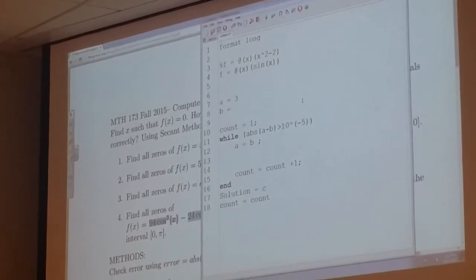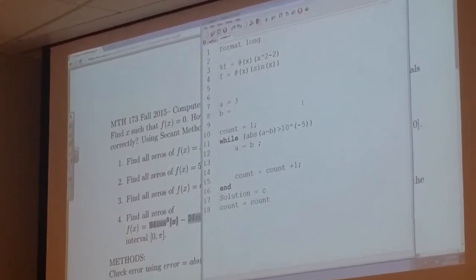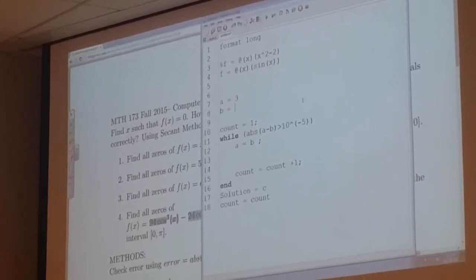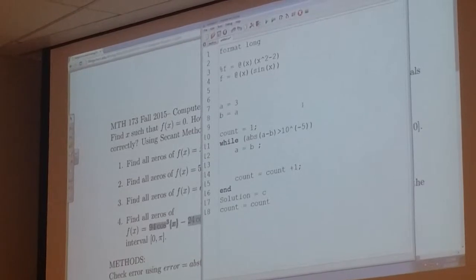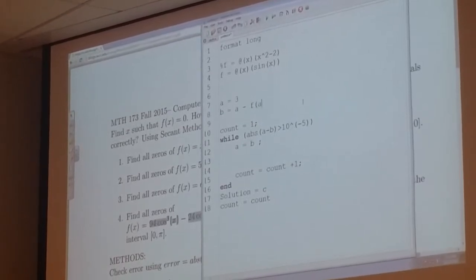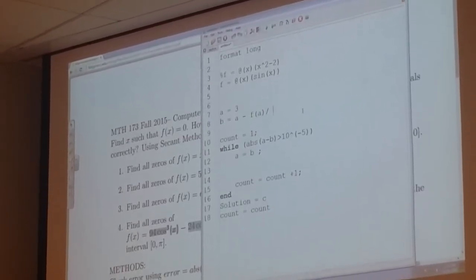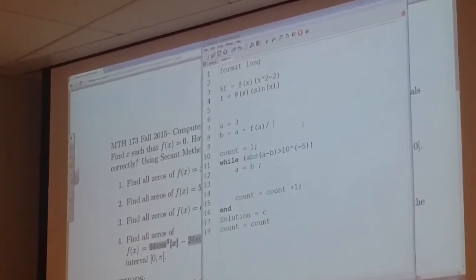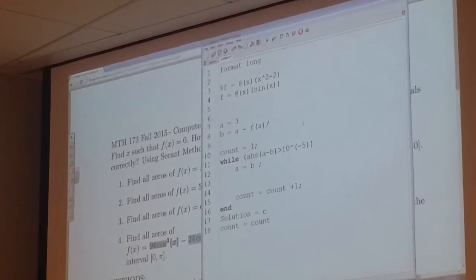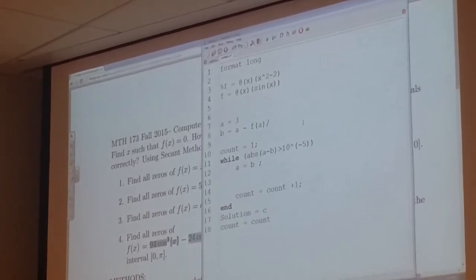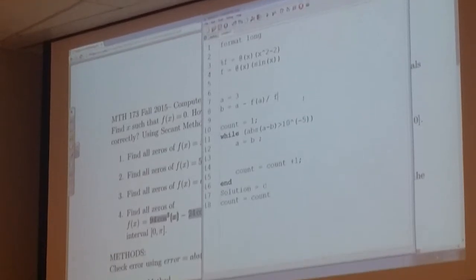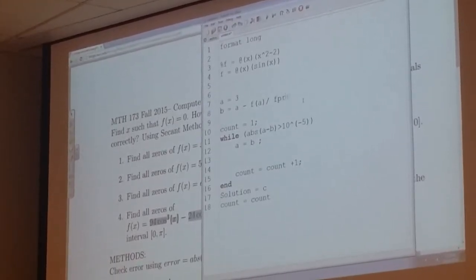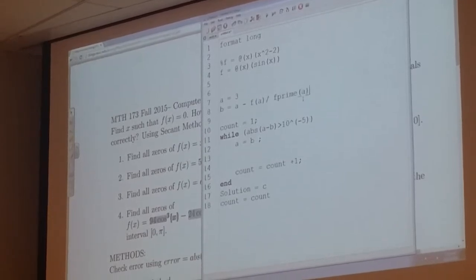No. Newton method is this, yes? Newton method: b is a minus f of a divided by f prime of a, the derivative of a. So how would you like me to call the derivative? F primes? Let's not do F1, let's call it F primes. Is that okay?